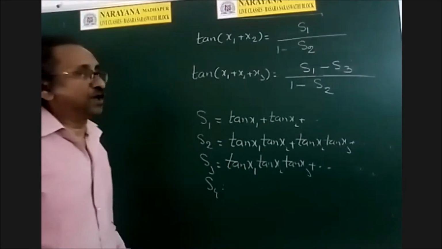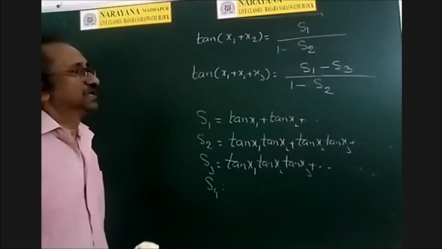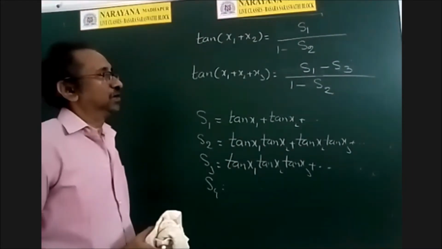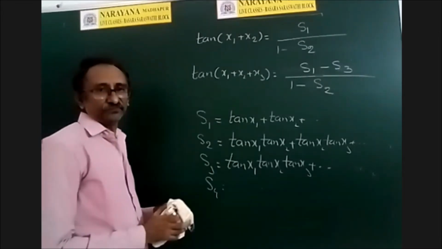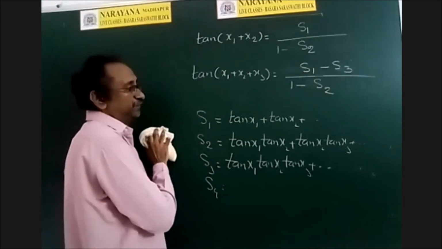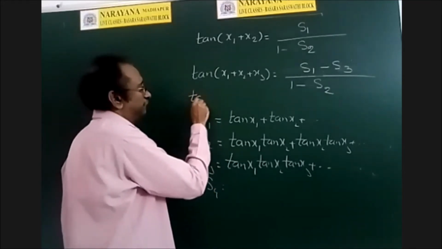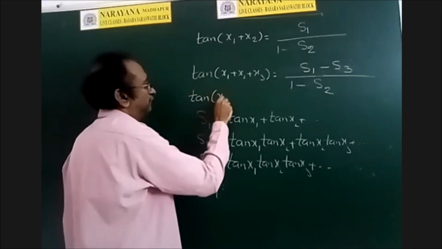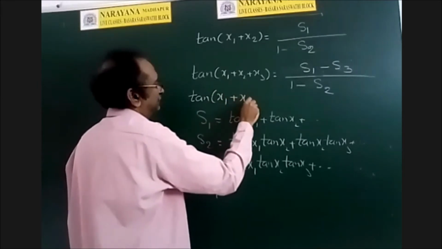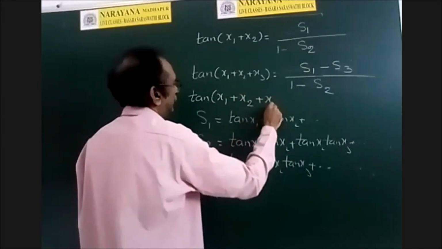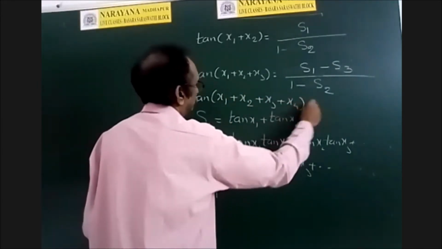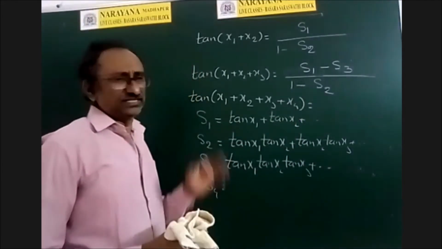So tan of x1 plus x2 plus x3 is S1 minus S3 by 1 minus S2. Right. So with this experience, can we write tan of x1 plus x2 plus x3 plus x4?